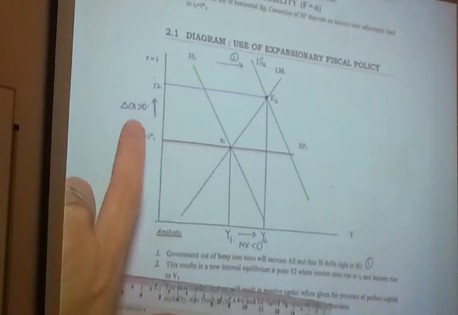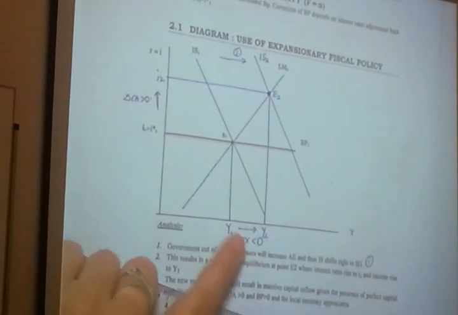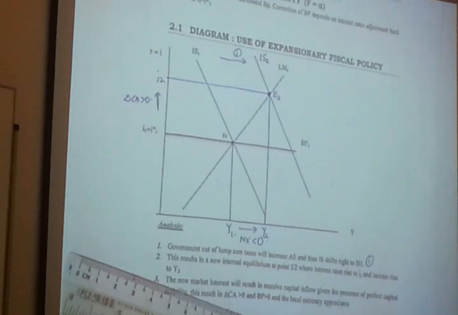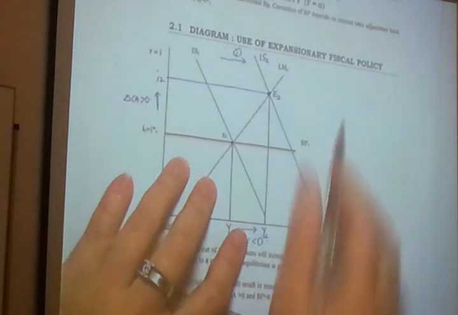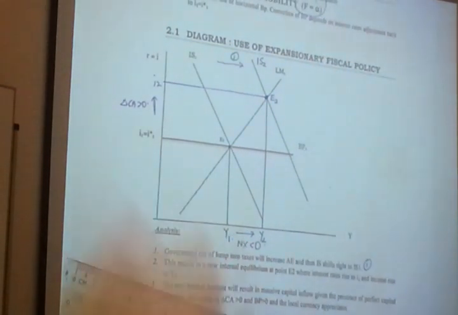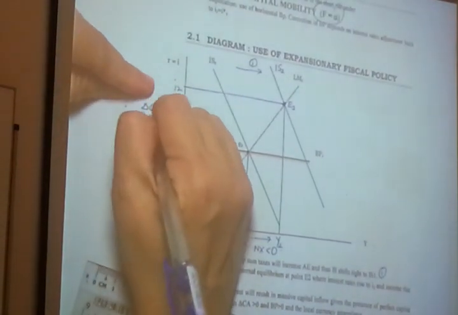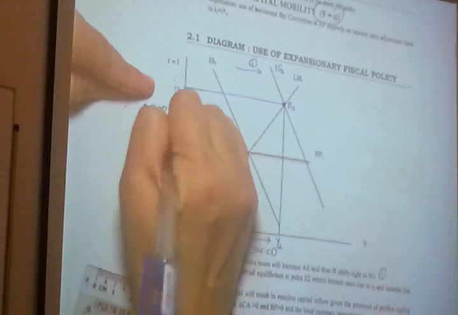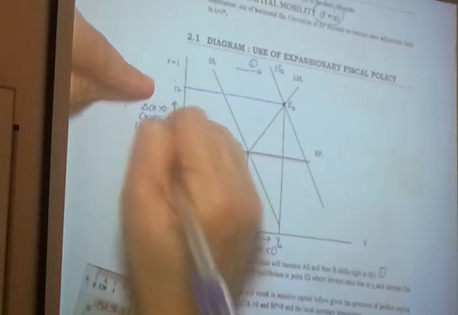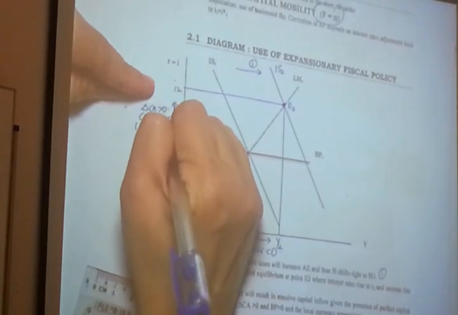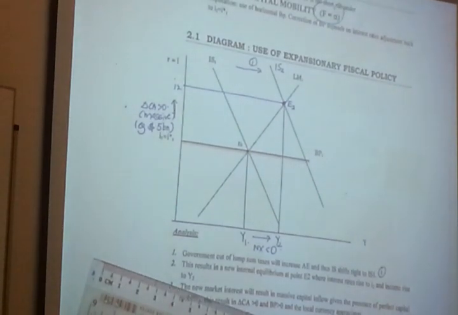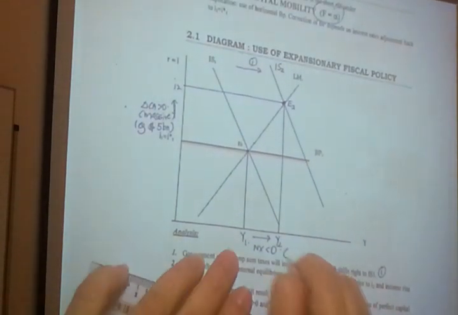So there were 2 opposing accounts, right? One is a surplus, one is a deficit. But I'm doing a horizontal BP. This is not only positive, but massive. If you want to, you can put in a number, say $5 billion. Whereas NX negative is insignificant.